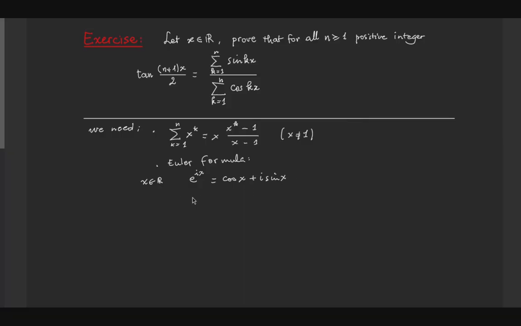Of course, that gives us exponential of minus ix is equal to cosine x minus i sine x. And that will yield also this formula that we need, which is exponential ix minus exponential of minus ix is equal to 2i times sine of x. That's also an important formula in our solution.